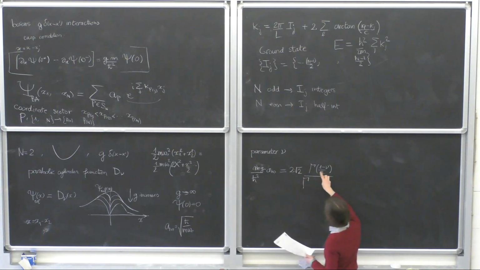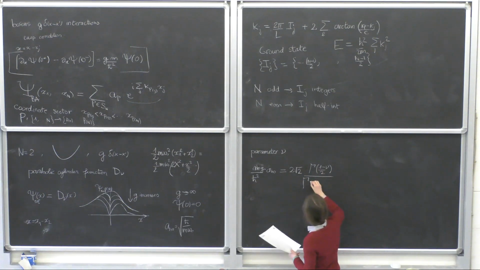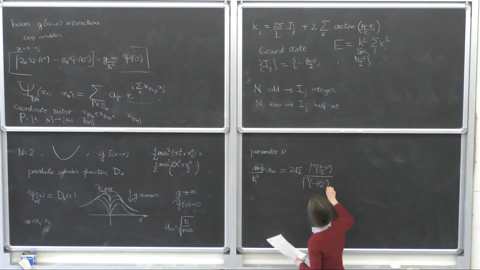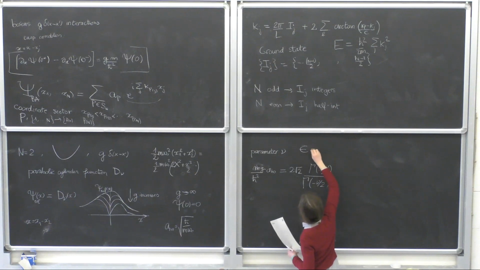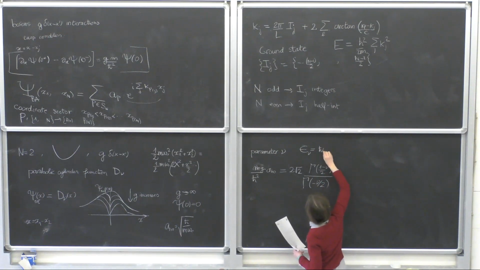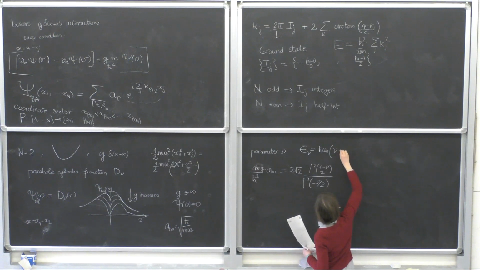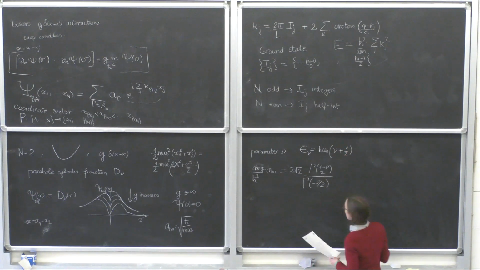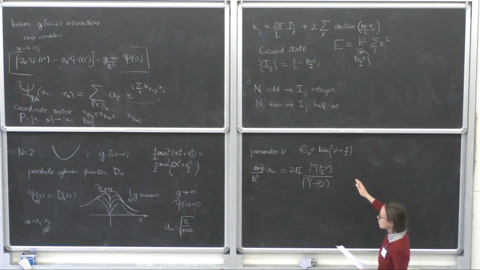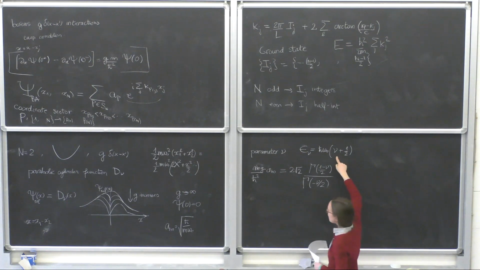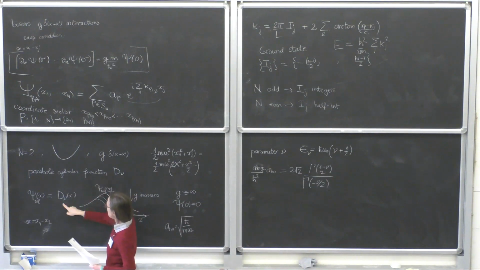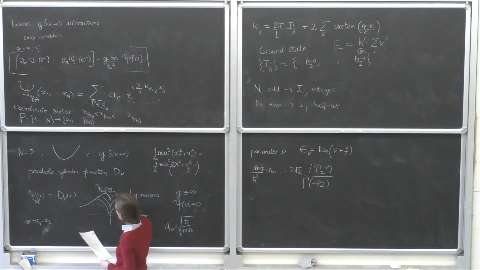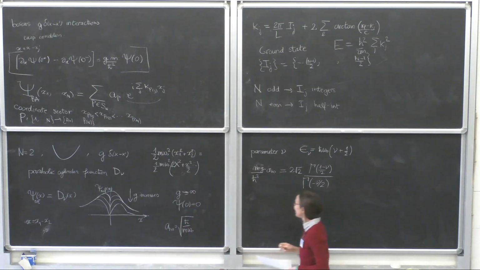So we have gamma of (1 minus nu)/2, and then gamma of minus nu/2, and the parameter nu enters in the energy, which is h bar omega 0 times (nu plus 1/2). So you see that the value of the parameter nu defines the parabolic cylinder function, which then changes shape by changing nu.